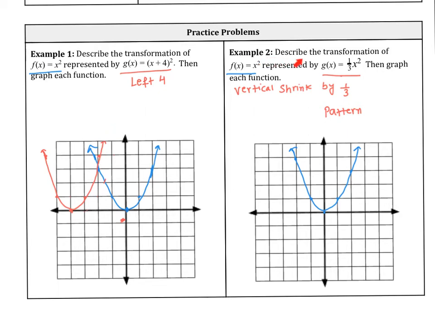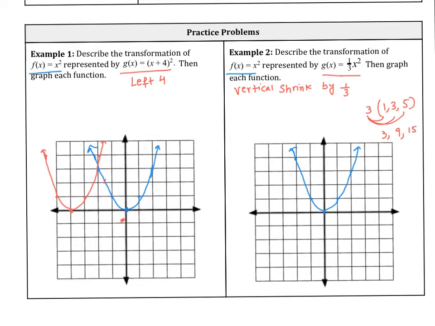Example number 2, describe the transformation of f(x) equals x squared. So this is going to be your parent graph starting from 0, 0 and following the pattern that is up 1, up 3, up 5. So the original pattern for the parent graph is 1, 3, 5. You multiply this with 3, and then you're going to get the pattern 3, 9, and 15.